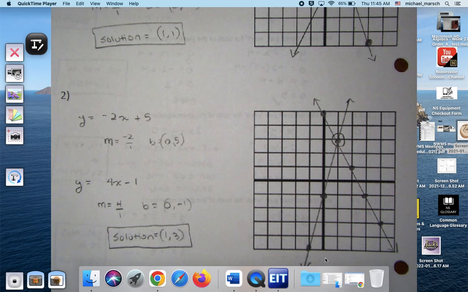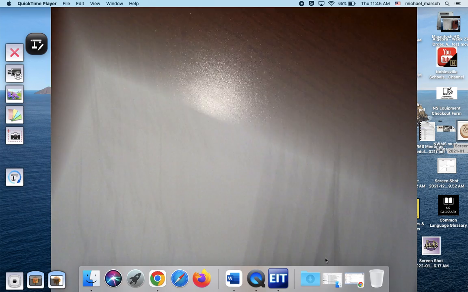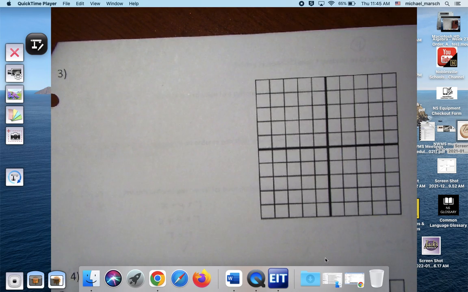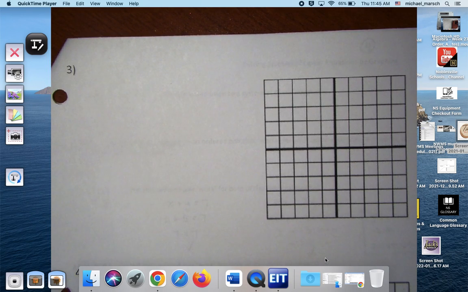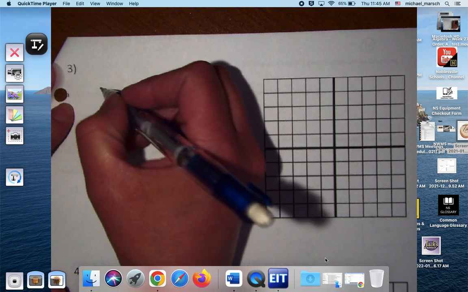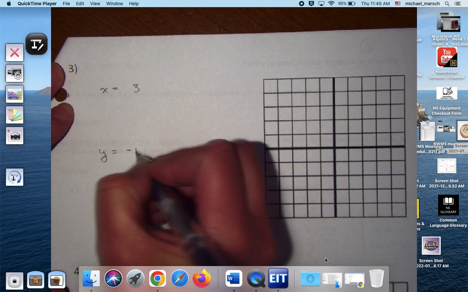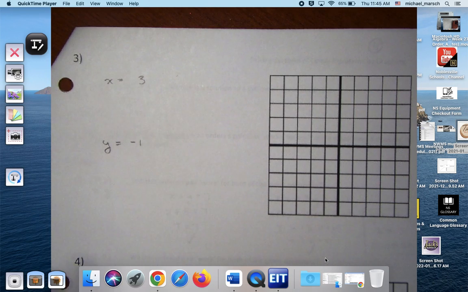Okay. We're going to go on to our next example. Necessarily is not necessary. What's the answer? Write down those two equations.